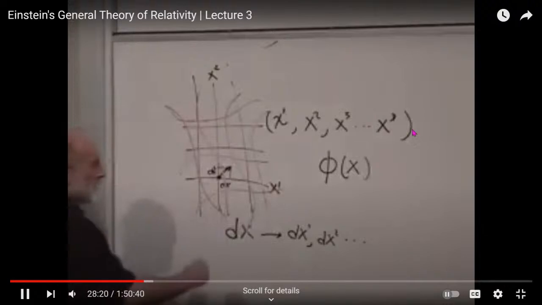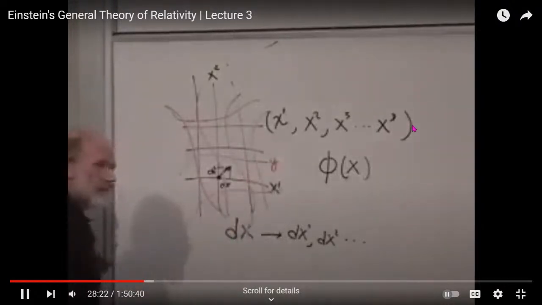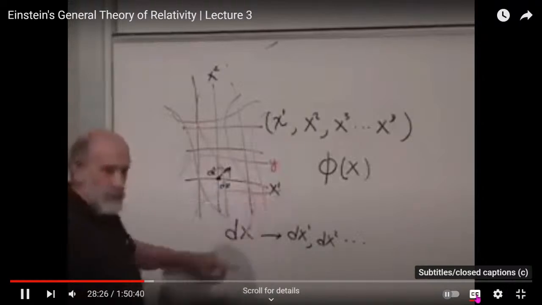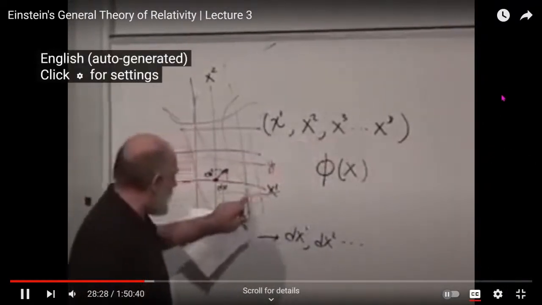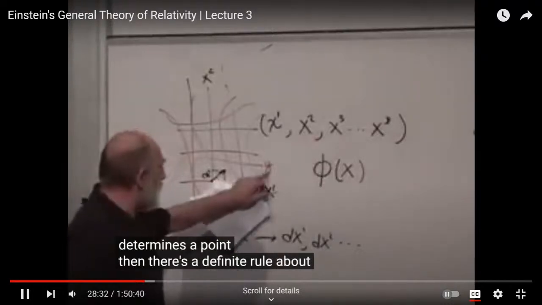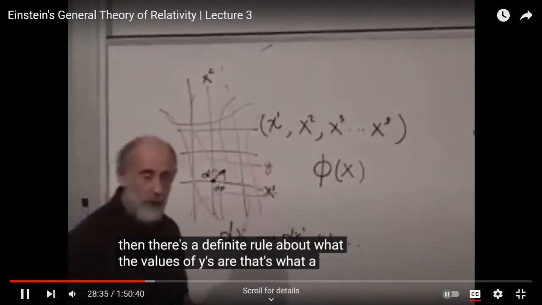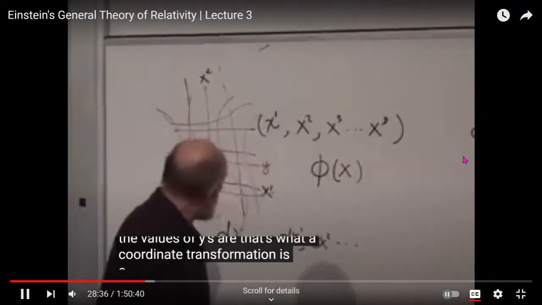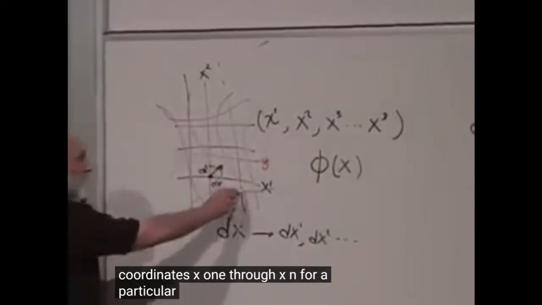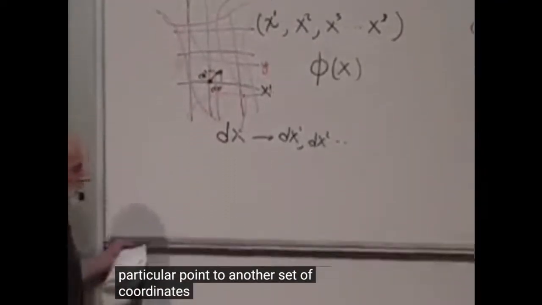There's another set of coordinates, and I'm going to call those y. The rule, of course, is that if you know the collection of x's at a point, that determines a point, then there's a definite rule about what the values of y's are. That's what a coordinate transformation is: a rule for going from one set of coordinates, x1 through xn, for a particular point, to another set of coordinates.